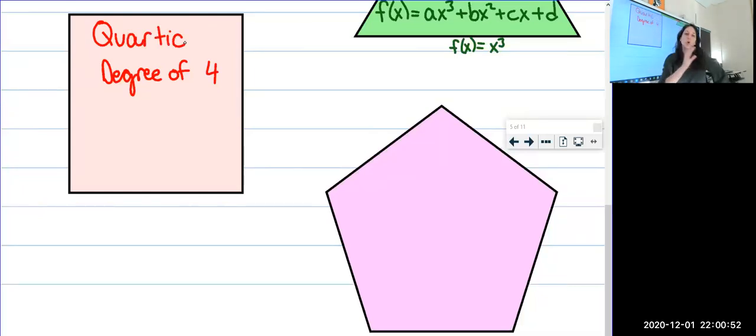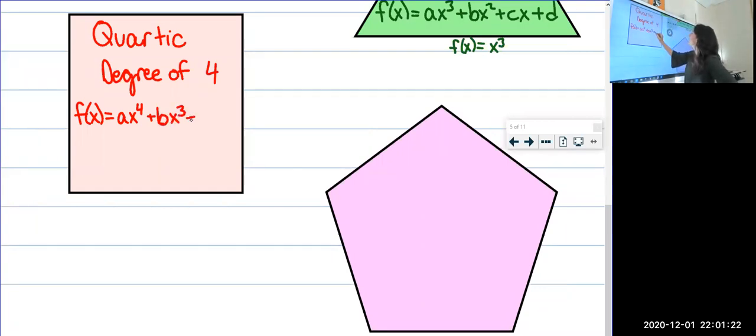All right, quarter, 4 quarters in a dollar, 4 quarts in a gallon, 4 quarters to make a whole. So degree of 4 is a quartic function. The extended version of a quartic function starts with the 4th power and descends from there.